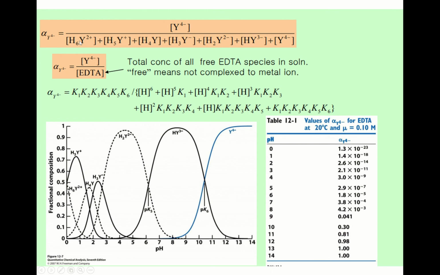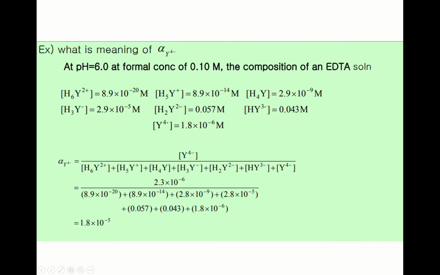For each species the numerator is different, like that. At pH 6, this form exists at a concentration of 8.9 times 10 to the minus 20 molar. Very small. You can calculate all these species at pH 6.